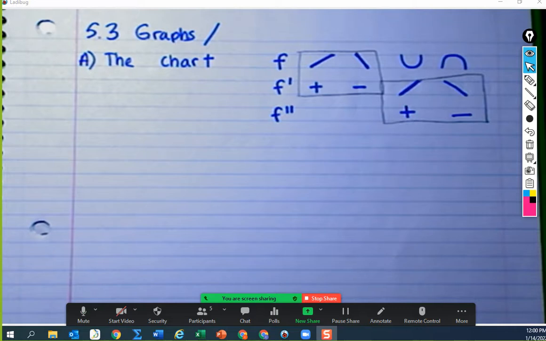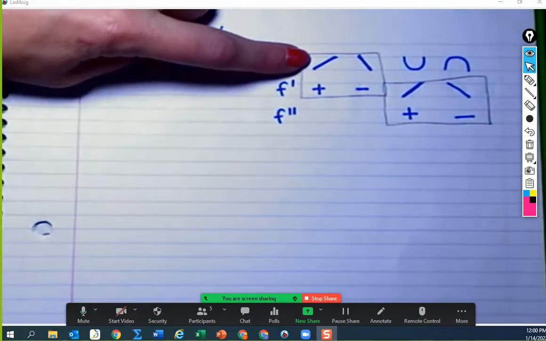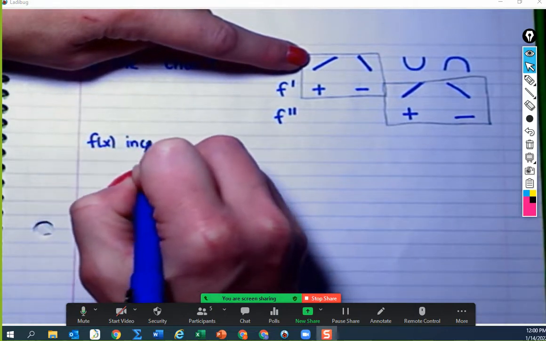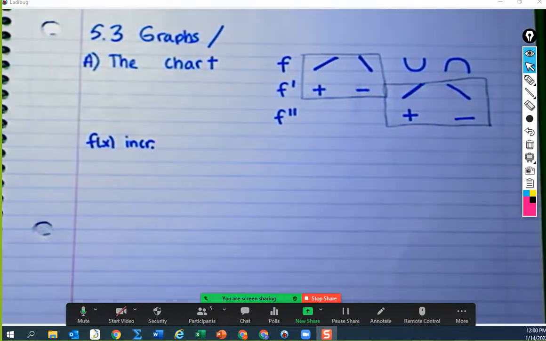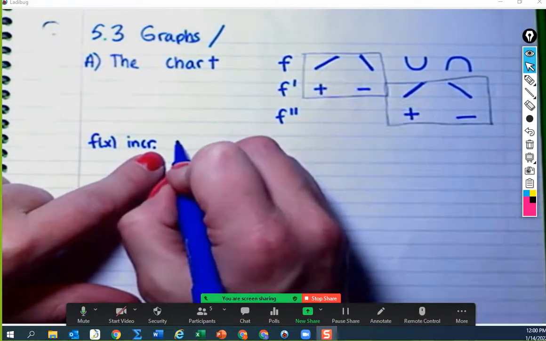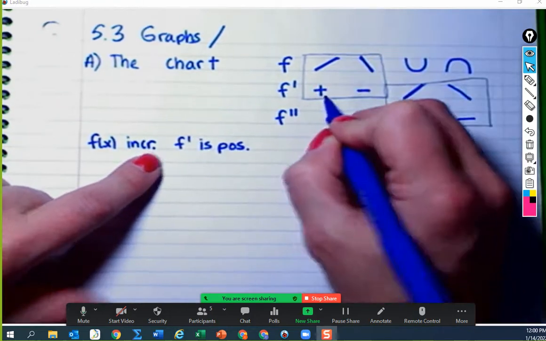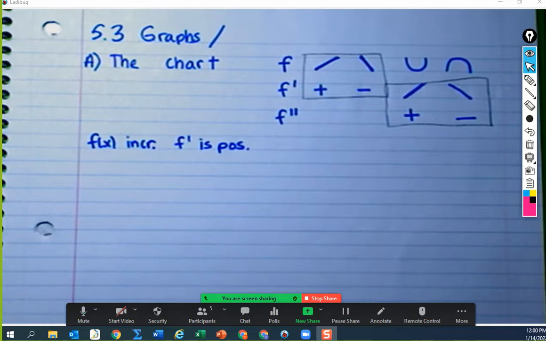So now I'm going to show you how you can get your sentences from this chart, because the chart's pretty easy to remember to write, and then you just have to learn how to read the chart. Okay, so the columns go together. So I'm going to start with the first column. F of x is increasing. I'm just going to go by columns. F of x increasing, f prime is positive because it matches up.